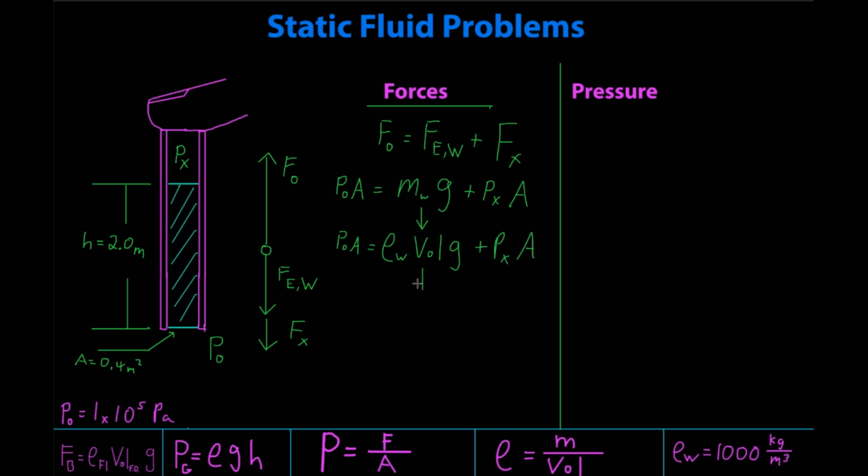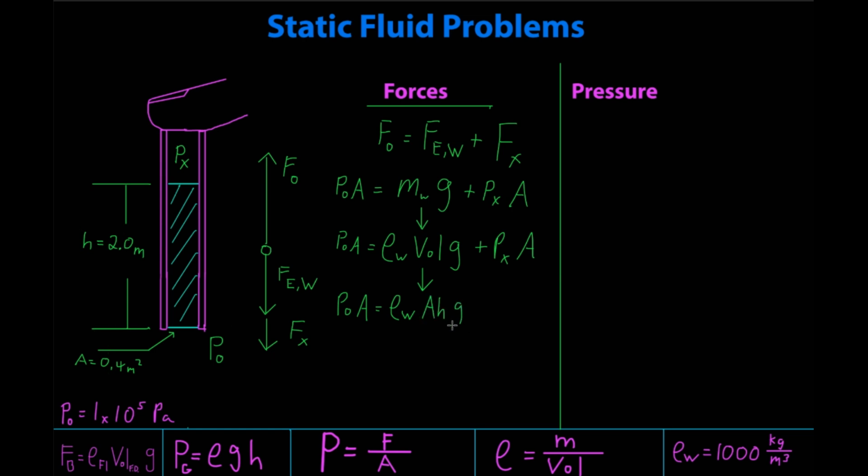Now I'm going to keep going because this could be broken down again. And a little note, the technique I'm using right now is a very important overall technique for physics: just breaking things down until you get to the very basics of the variables you have. So what I'm breaking down here is going to be the volume. Now the water is in the shape of a cylinder because it's in a straw, and the volume of a cylinder is the area of one side times the height of the cylinder.